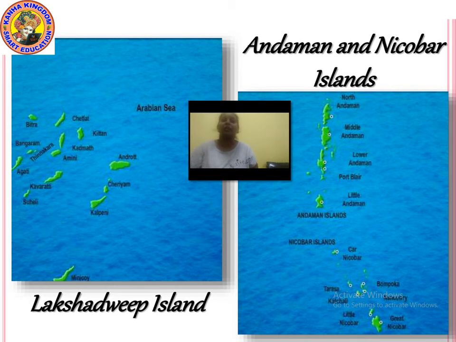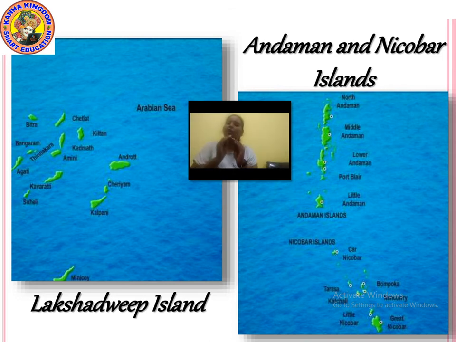Now coming towards the Andaman and Nicobar Islands, we have North Andaman, Middle Andaman, Lower Andaman. Then Port Blair, which is the capital of the Andaman and Nicobar Islands. Then the Little Andaman Islands, Nicobar Islands. Now the Nicobar Islands in the south include Car Nicobar, Bumka, Naukri, Tersa, Katli, Little Nicobar and Greater Nicobar.